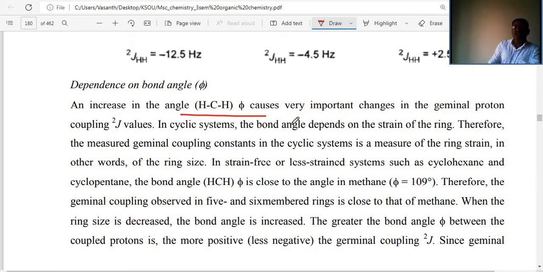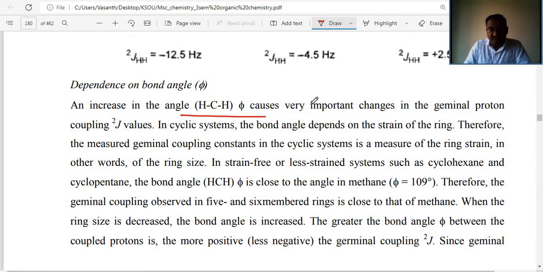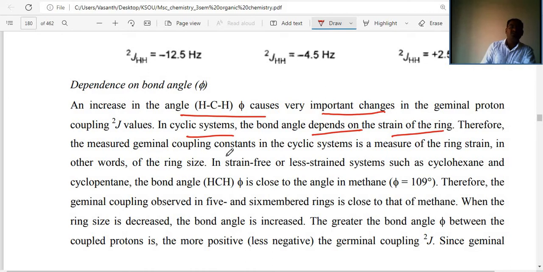The increase in the angle HCH causes very important changes in the geminal proton coupling J value. In cyclic systems, the bond angle depends on the strain of the ring. Therefore, the measured geminal coupling constant in cyclic systems is a measure of the ring strain, in other words, the ring size.